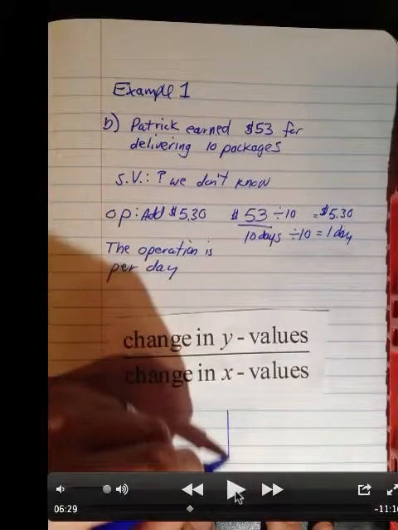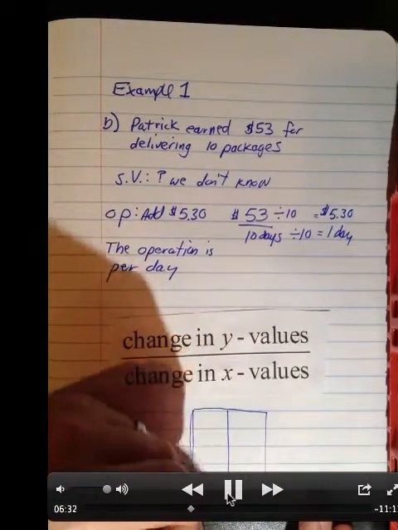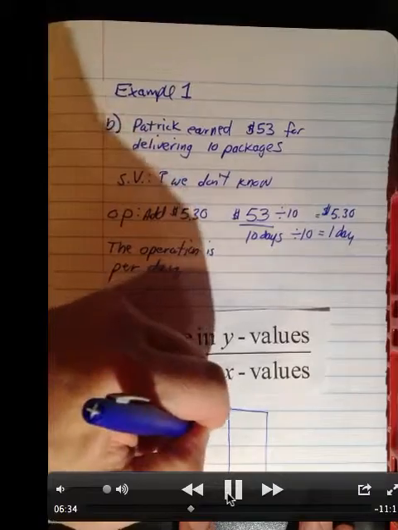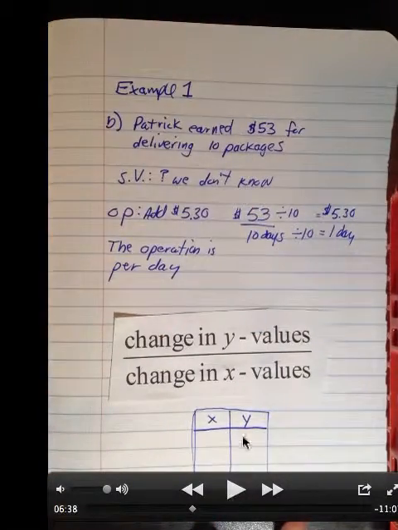Now I want you to write in your notes that the rate of change is the change in the y values compared to the change in the x values. This is going to be a rather important idea.